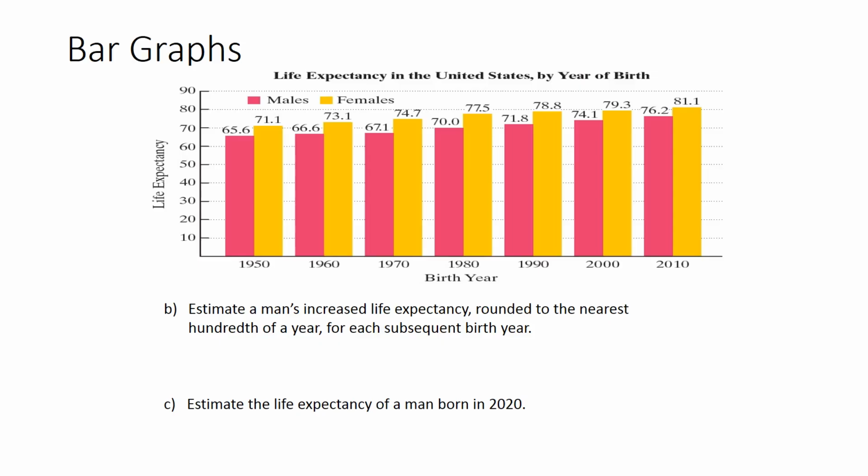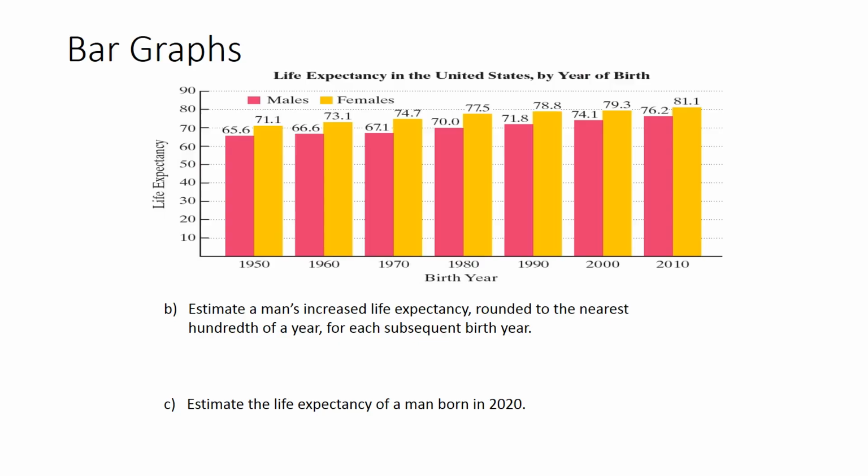Part B, estimate a man's increased life expectancy rounded to the nearest hundredth of a year for each subsequent year. So we want to find the increased life expectancy. So it's sort of how many years per year.